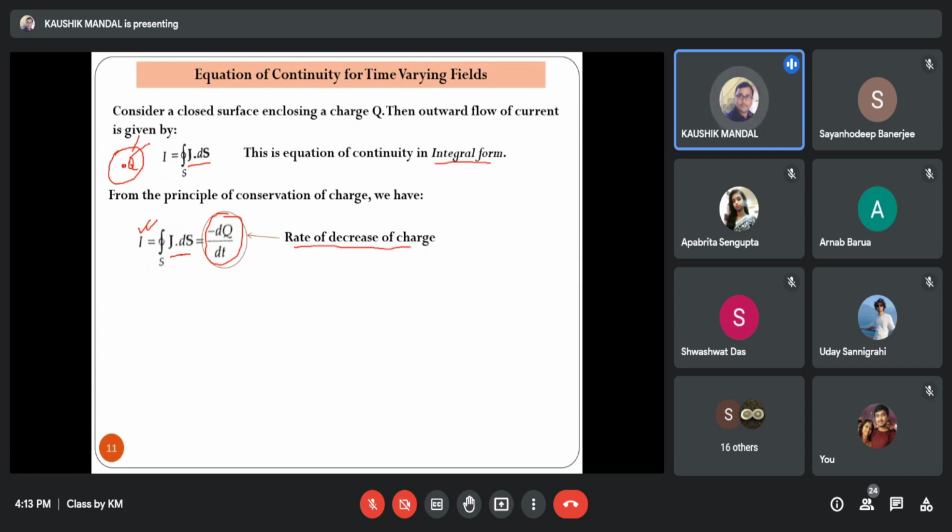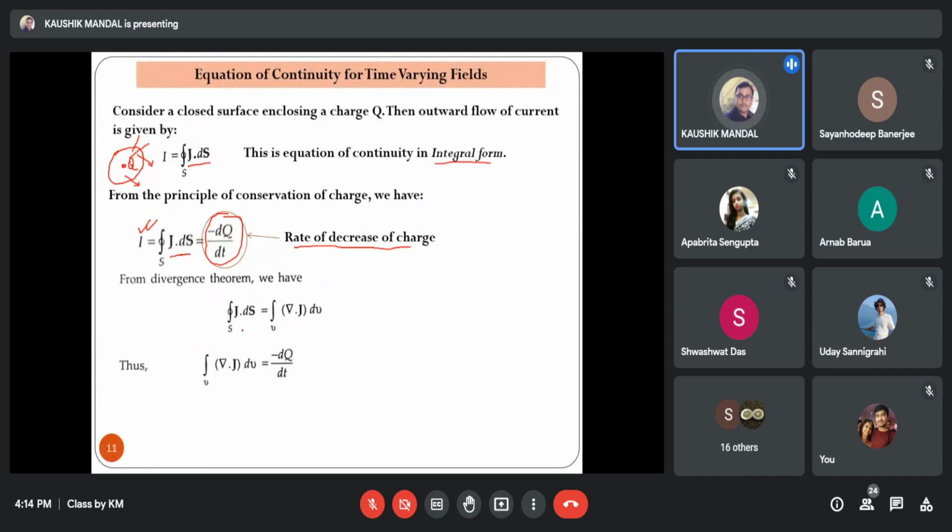When this charge is leaving this particular surface, then only we will get the current. So this minus dQ/dt is representing the rate of decrease of charge. That's why the negative sign is considered. Now, if you compare these two equations, it is I equal to the integral of J dot ds, and I equal to minus dQ/dt.